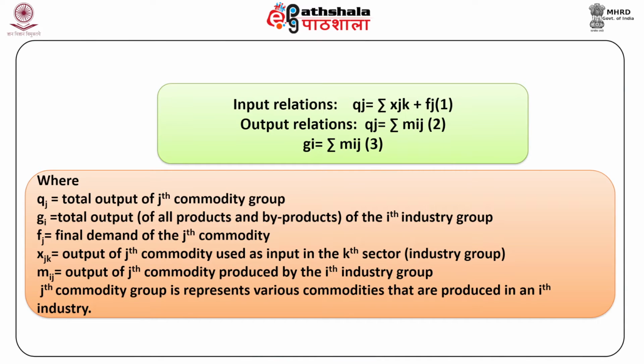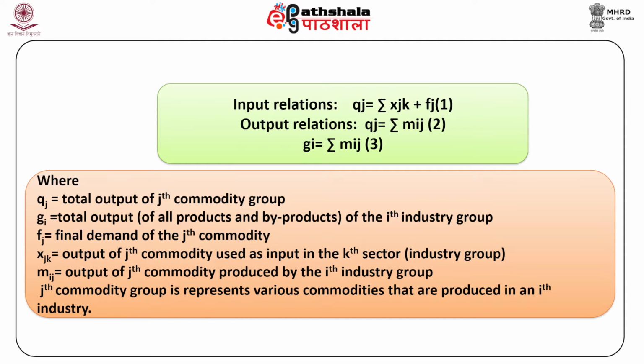The output relations can be represented by Qj is equal to summation mij for all i's, and Gi is equal to summation mij for all j's, where Qj is the total output for jth commodity group, Gi is total output of all products and byproducts of the ith industry group, and Fj is final demand of the jth commodity.